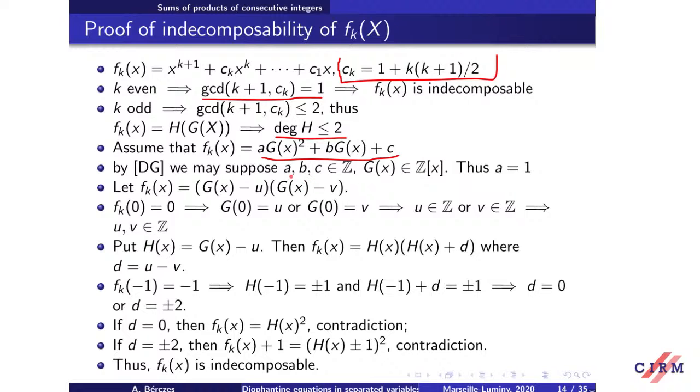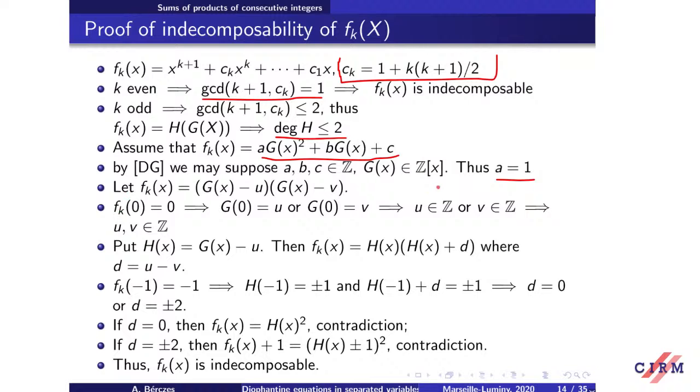So we may assume, without loss of generality, that a, b, c are integers, and g is a polynomial with integer coefficients. From this, it is easy to see that a must be equal to 1, because f has leading coefficient 1. So a times the square of the leading coefficient of g must be 1. All are integers, so a must be 1.